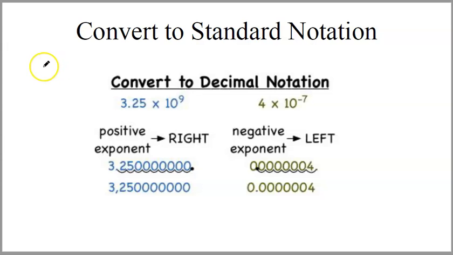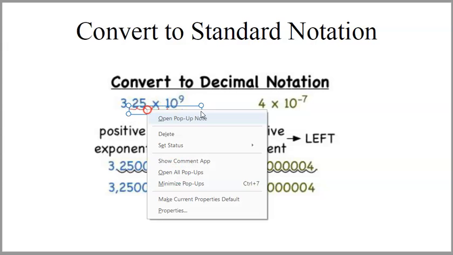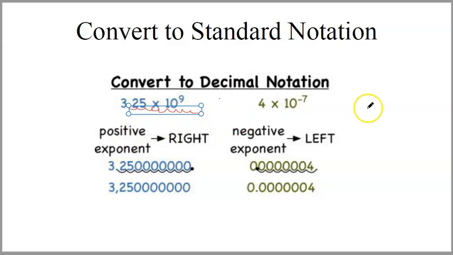So here's how we can do that. Here's a positive exponent. We're going to move it to the right and make a large number. We're going to take it and go 1, 2, 3, 4, 5, 6, 7, 8, 9. And then that's going to be the ending. And then we'll do the exact opposite for a small number.